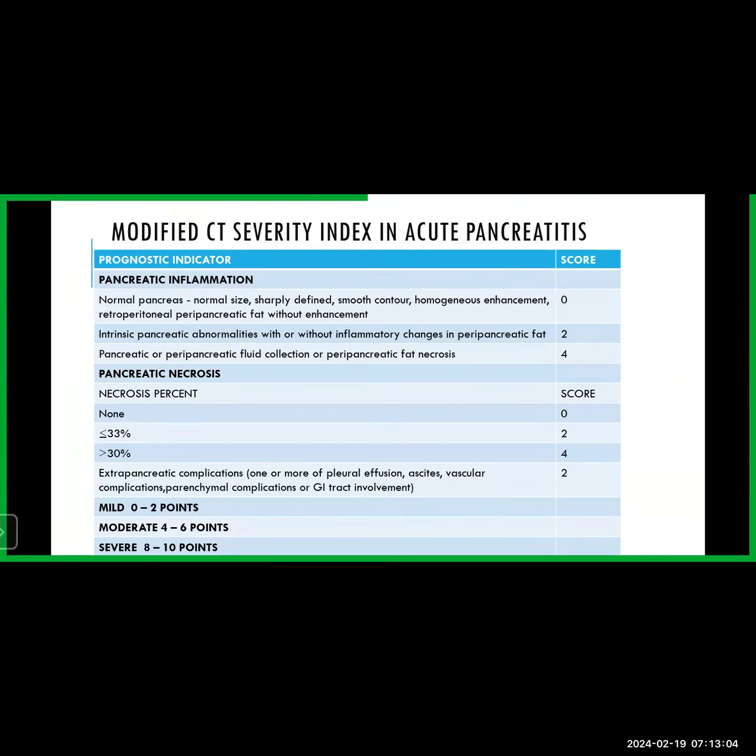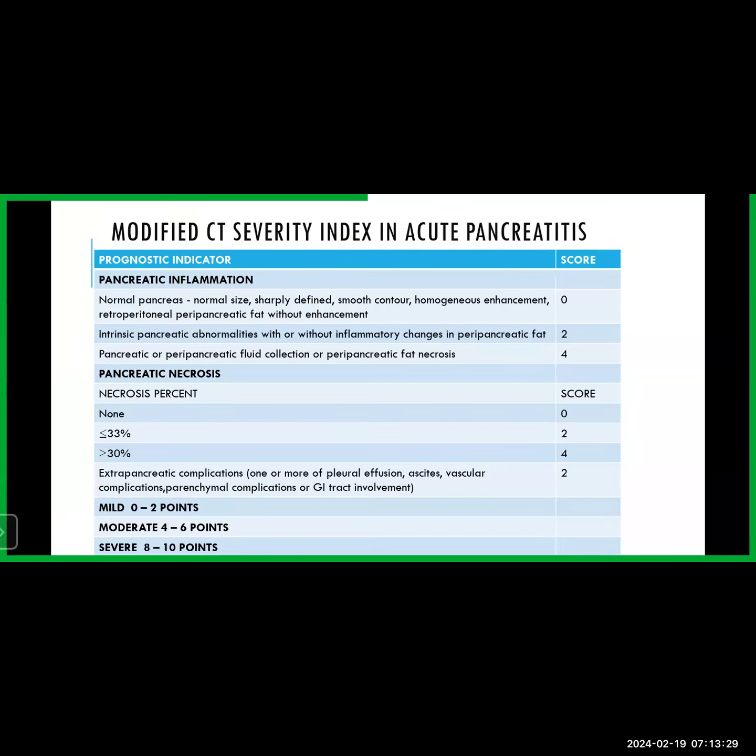So if the pancreas is normal, score is 0. If there's intrinsic pancreatic abnormality with or without inflammatory changes in peripancreatic fat, a score of 2. And if there's a pancreatic or peripancreatic fluid collection or peripancreatic fat necrosis, the score of 4 is given. If no necrosis is seen, score of 0.